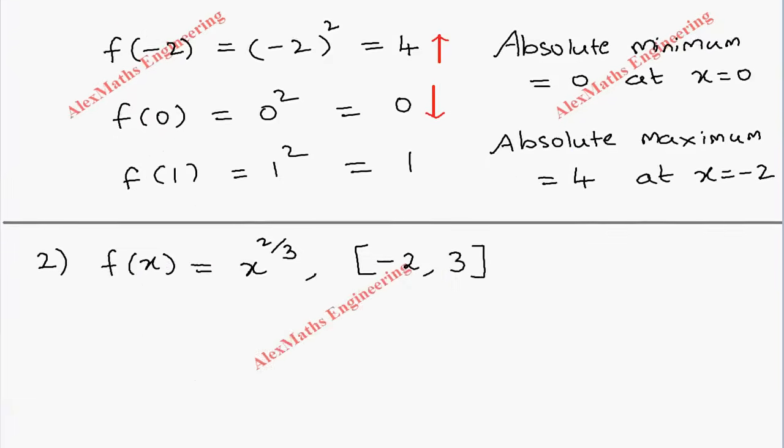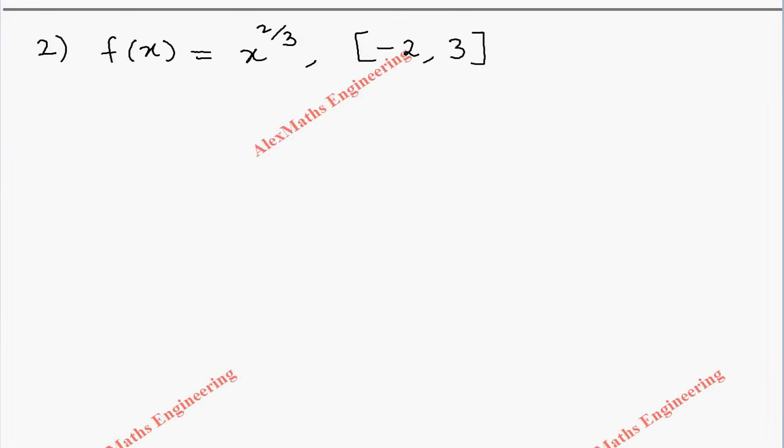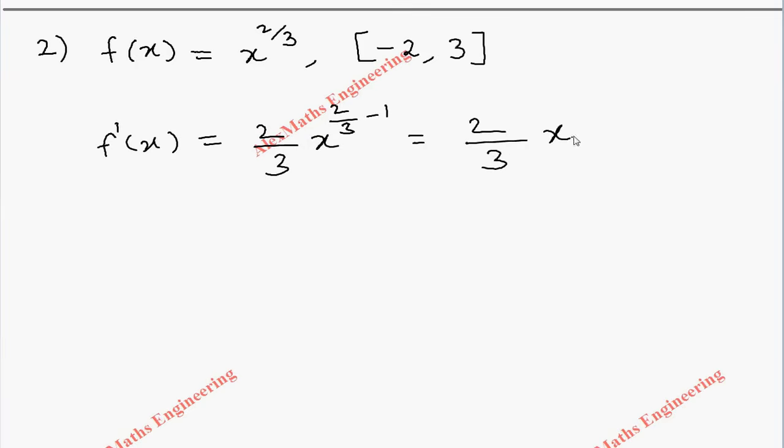Question number 2. We have f of x is equal to x power 2 by 3. So first step, f dash of x, which is 2 by 3 x power 2 by 3 minus 1. After simplification, 2 by 3 minus 1 will give minus 1 by 3, and we can carry this term to the denominator.